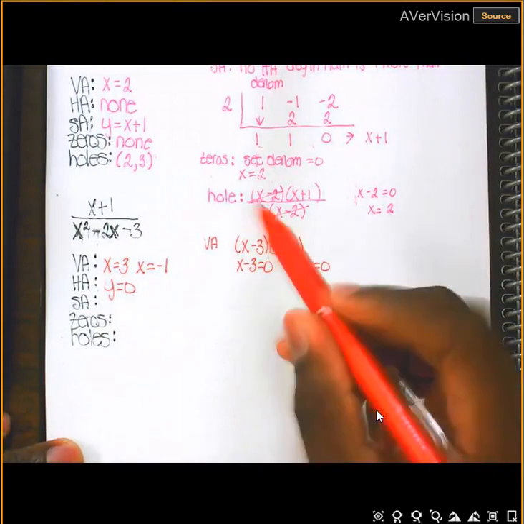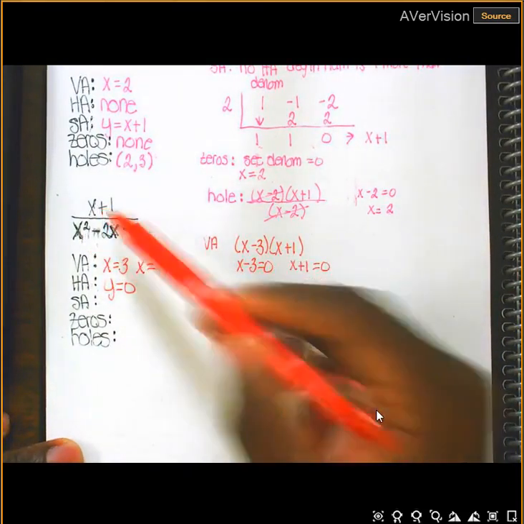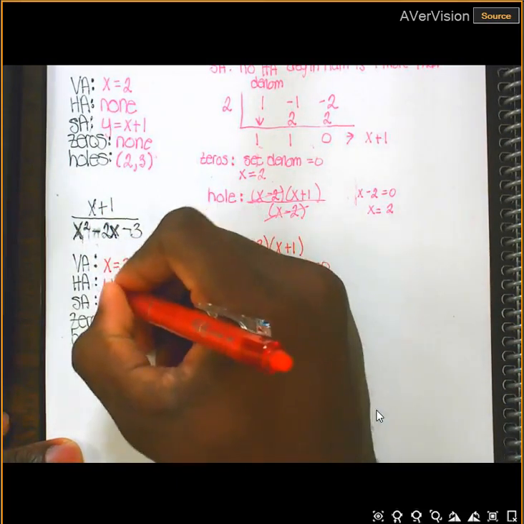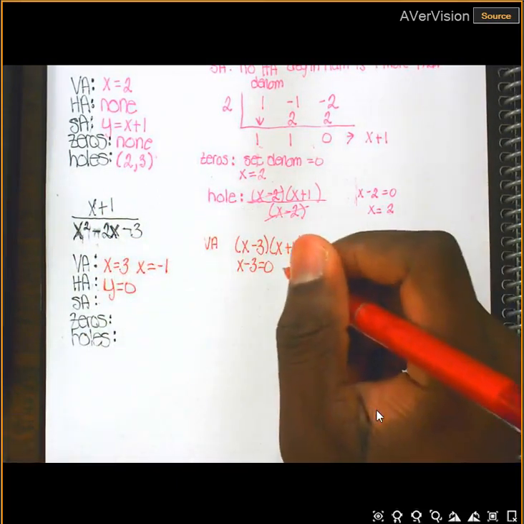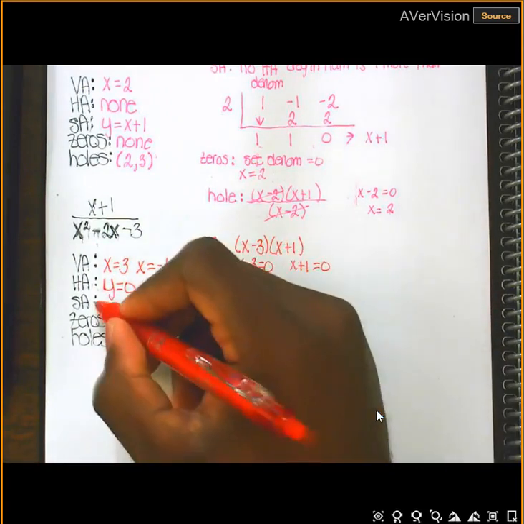Yep. The degree in the denominator is higher than the degree in the numerator, so y equal to 0 is our horizontal asymptote. Do we have a slant asymptote?